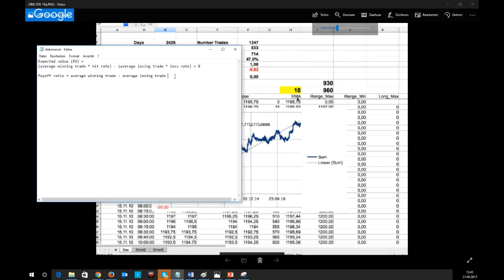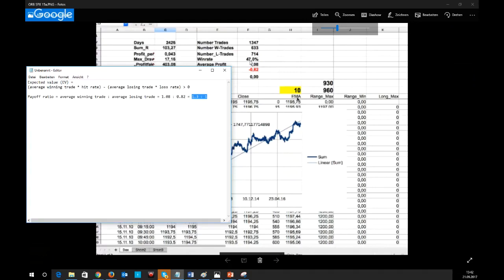We know that the payoff ratio, let's do it that way, type this in the calculator and you get 1.3 to 1. Okay, and then I know this ratio, but I also have the hit rate. You can see the win rate here is 47%.